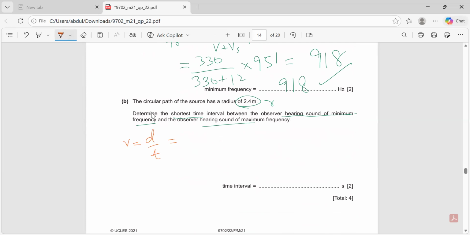In this case, if it was a complete circle, then it was 2 pi r. But right now, it is half a circle. So simply pi r over t. This implies that t is equal to pi r over v.